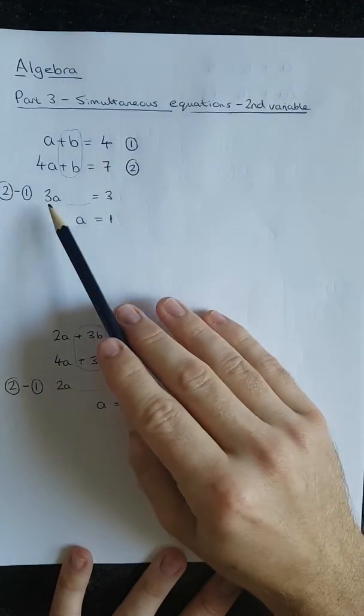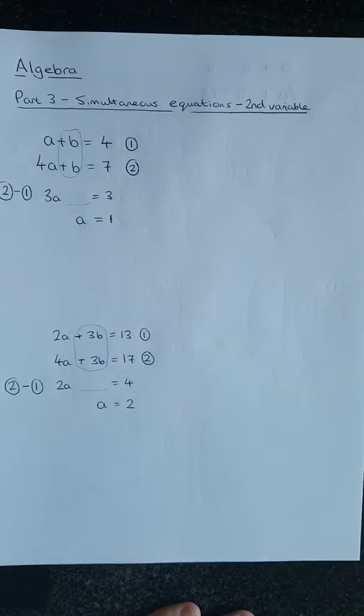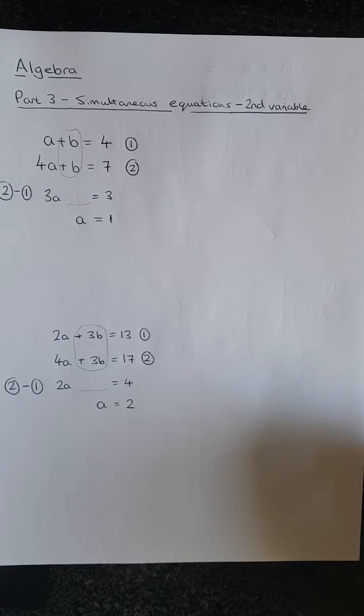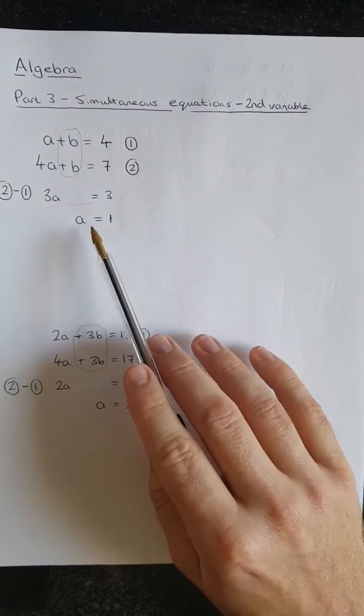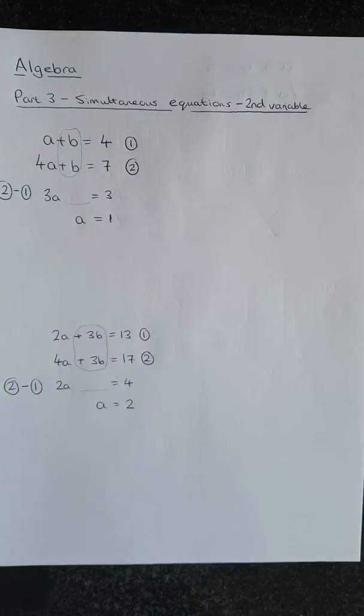And then we're left with one variable in one equation which we can solve. So now we're going to go through the process of finding the second variable's answer. So in this case, in both cases it will be b, even though we've eliminated it.